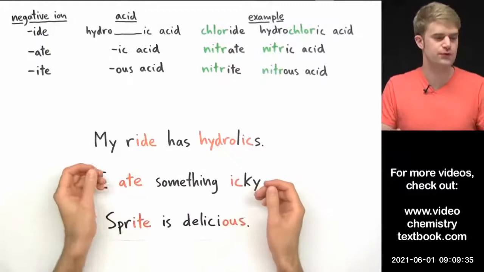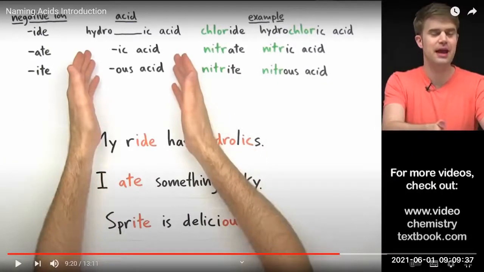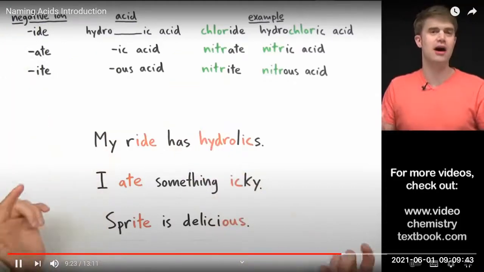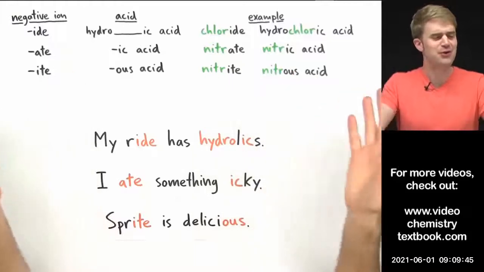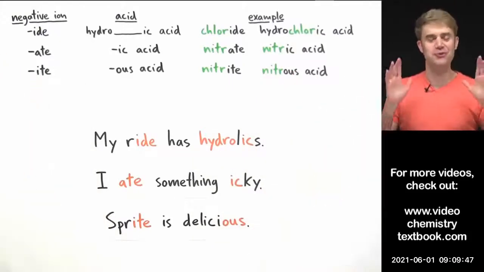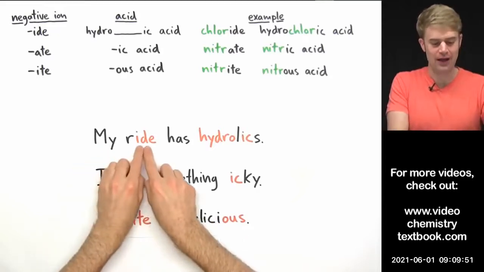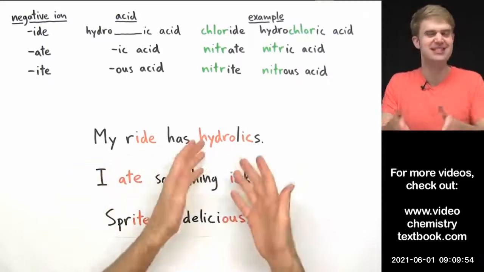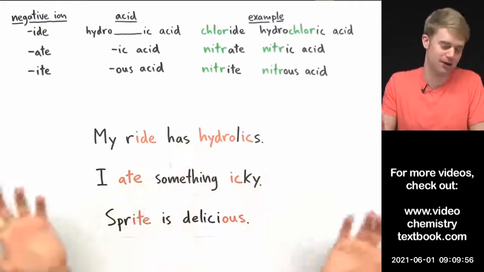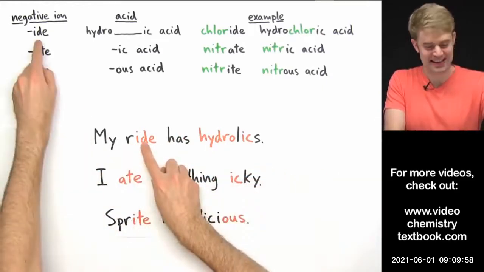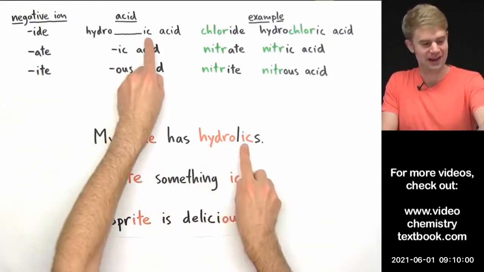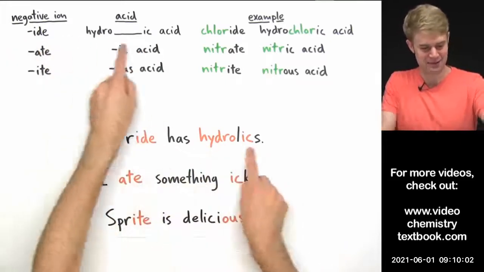So these are the rules for naming acids based on the name of the negative ion that's in that acid. How are you going to remember them? Here is a great mnemonic that I really like, okay? My ride has hydraulics. This isn't actually how we spell hydraulics, but, you know, whatever. So -ide, hydro-ic, that's how you name this type of acid.